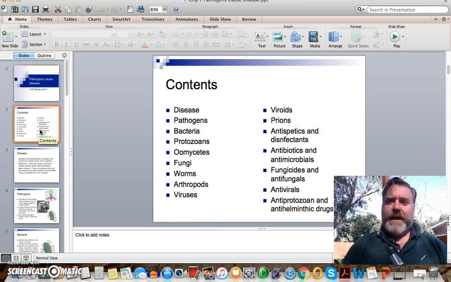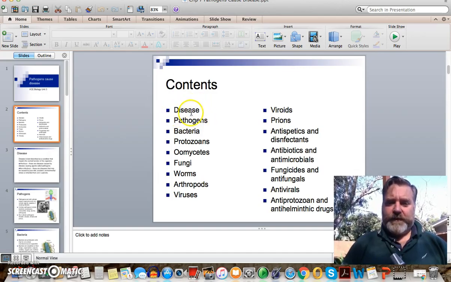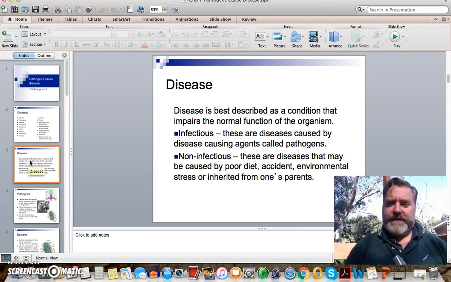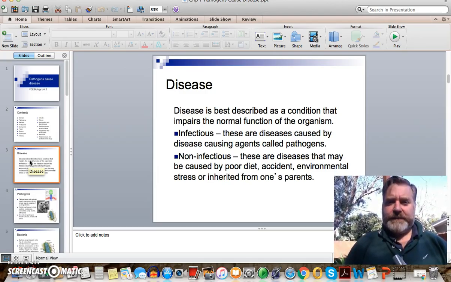So, obviously we discussed what disease was and what the various pathogens are, and then there's a whole lot of things we can use to keep pathogens under control. So, disease. Now, of course, this whole last bit of the second area of study is really a case study in signal transduction.